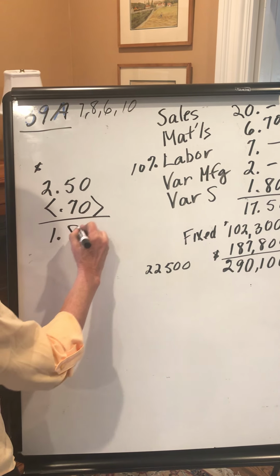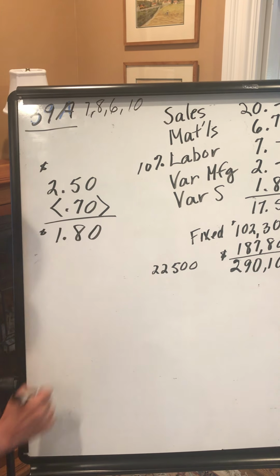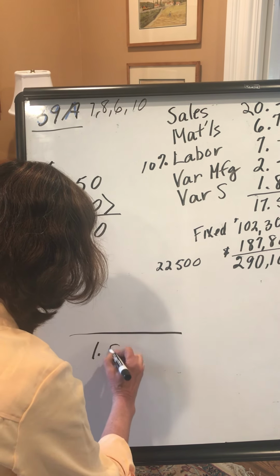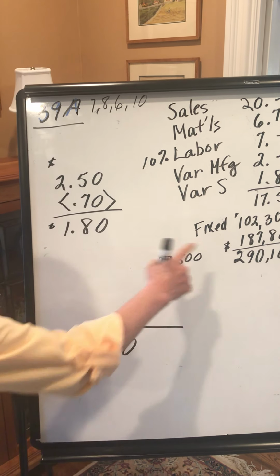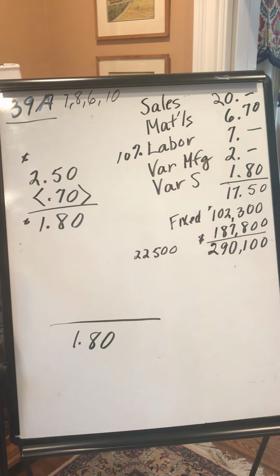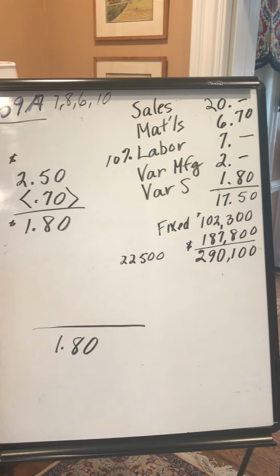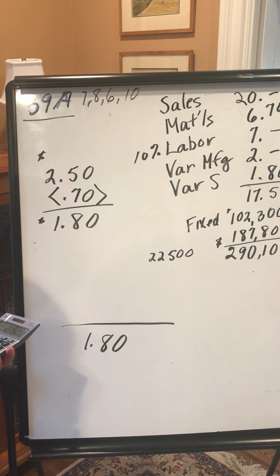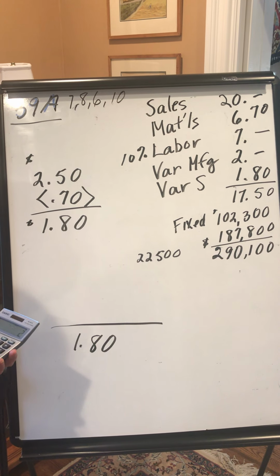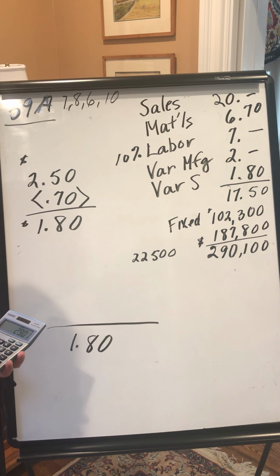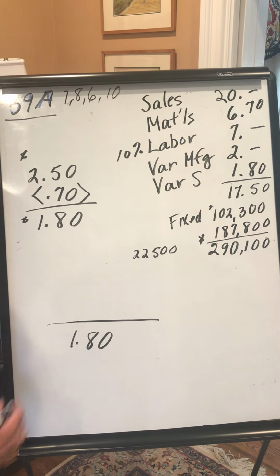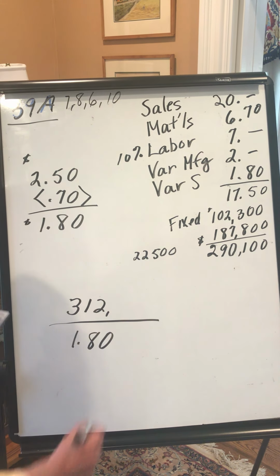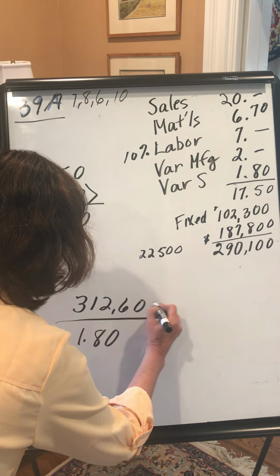So that gives us $1.80 for our new contribution margin. Our fixed costs, they tell us, will go up. So we're going to add 22,500 plus 290,100. So our new fixed cost number will be $312,600.